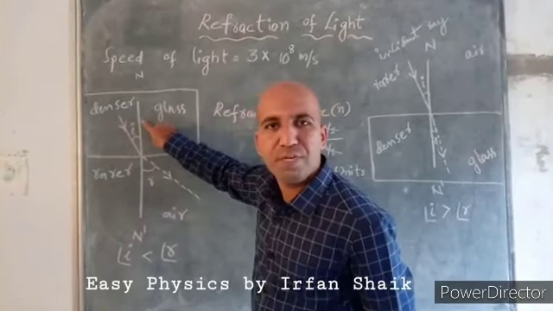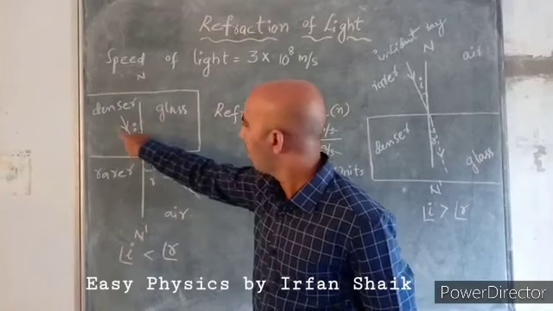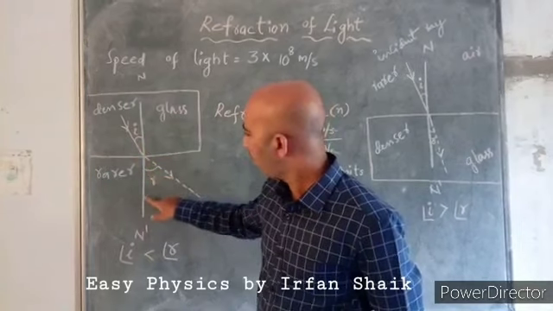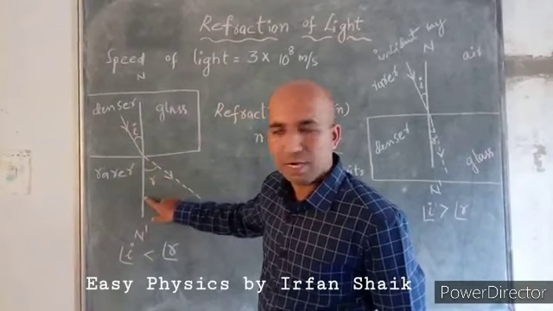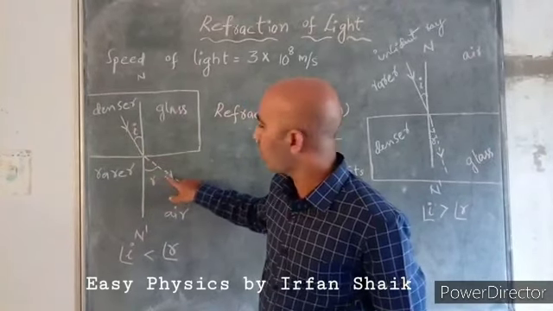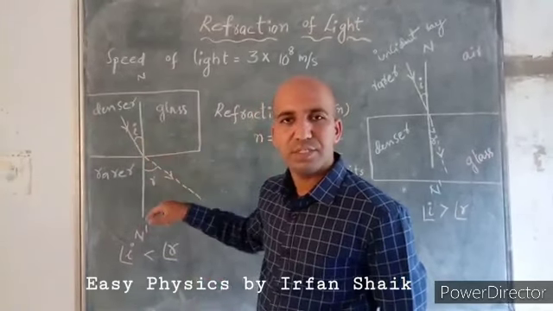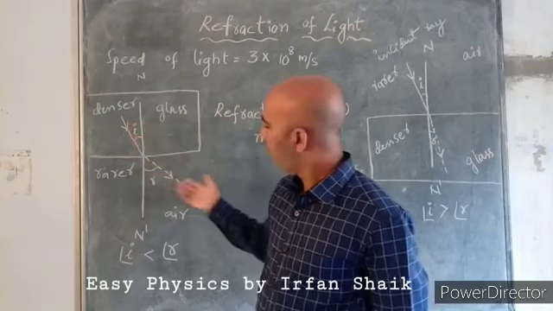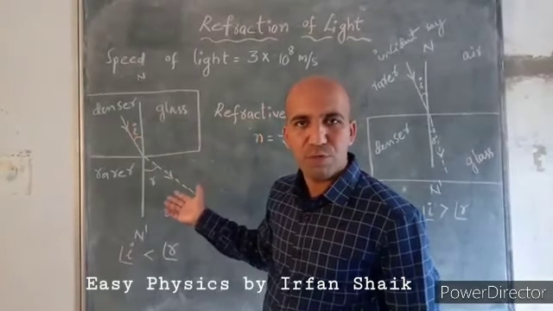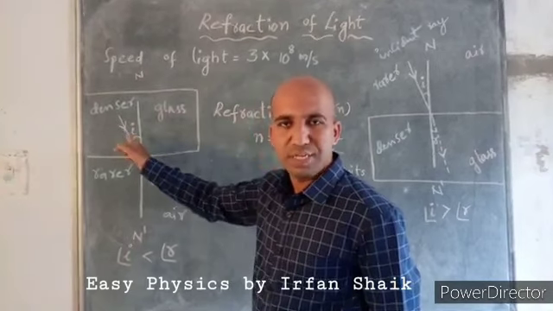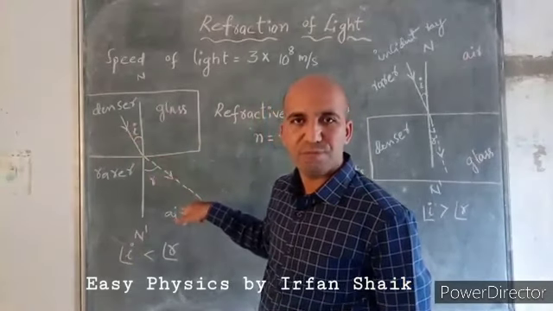The angle between normal line and incident ray is called as angle of incidence, and the angle between normal line and refracted ray is called as angle of refraction. So here in this case, if you observe this diagram carefully, you can easily find out that the angle of incidence is less than angle of refraction.